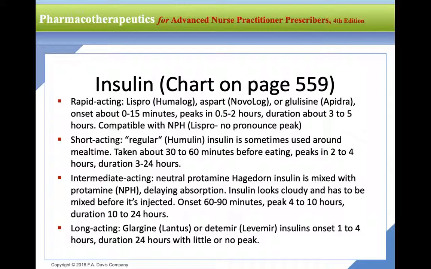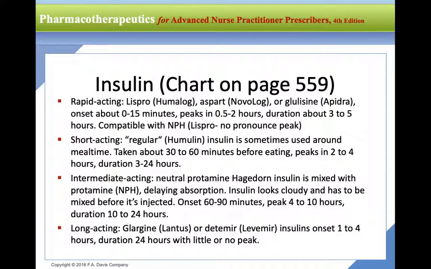Those are going to be anything with an R in them, so Humulin R or Novolin R are your regular or short-acting insulins. Intermediate acting are going to be your NPH, and those have an onset of about an hour and a half, but they peak in 4 to 10 hours and can have a duration of 10 to 24 hours.